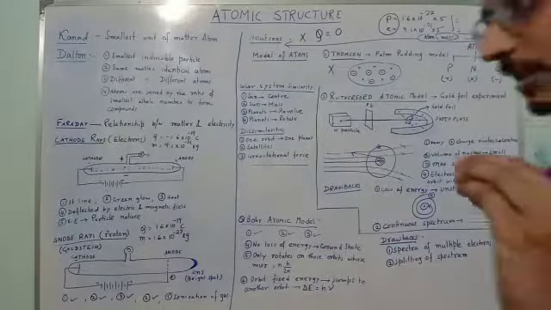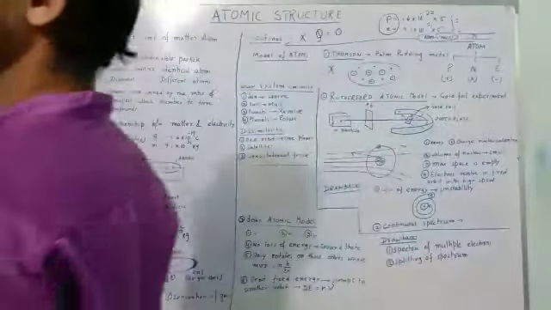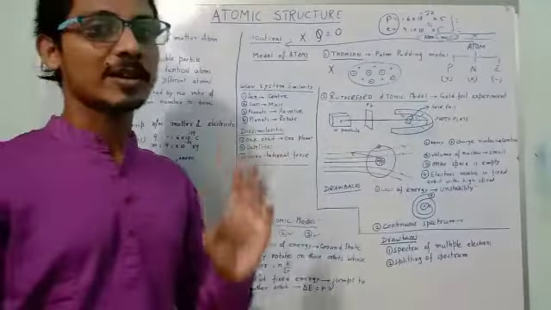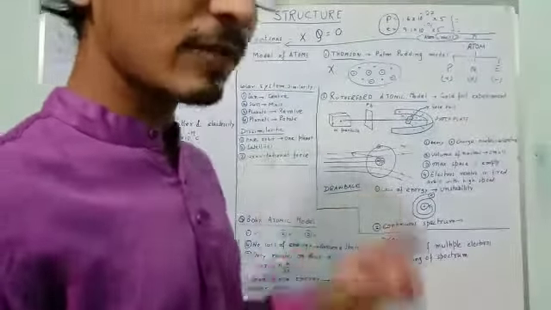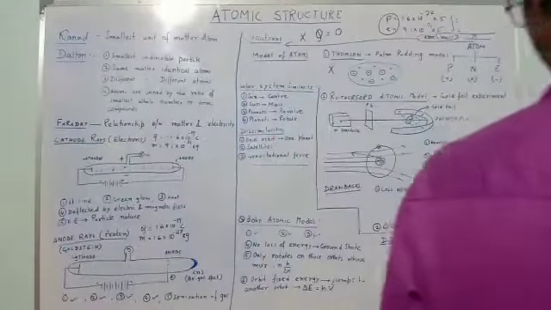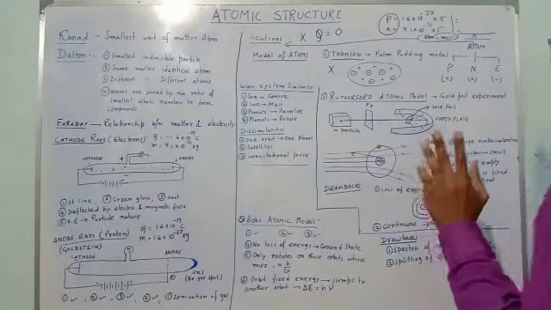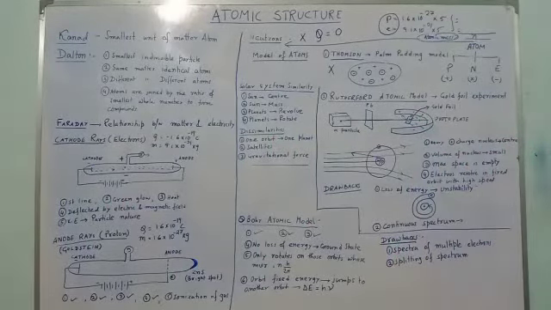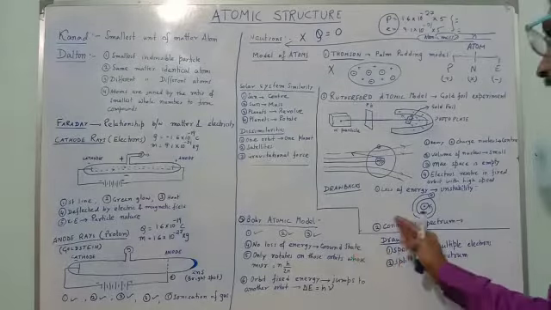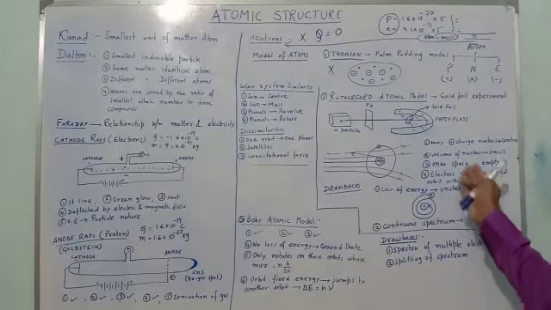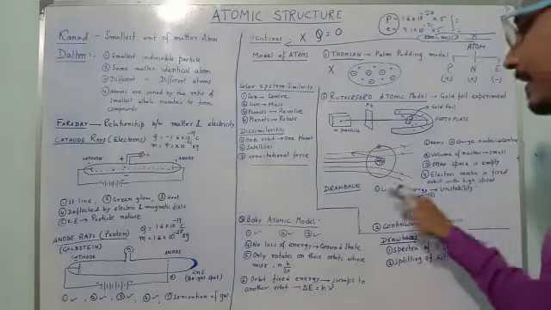That means each electron has some ground state orbit which is called its home. So while moving in its home or ground state, the electron does not lose any amount of energy. That means the instability of the Rutherford atomic model is cancelled.